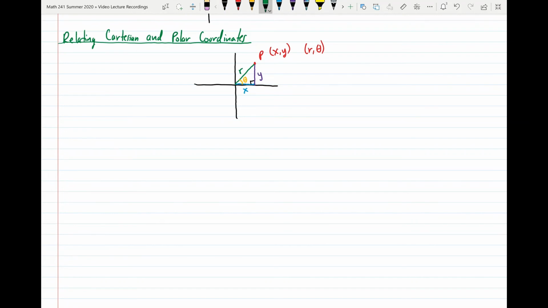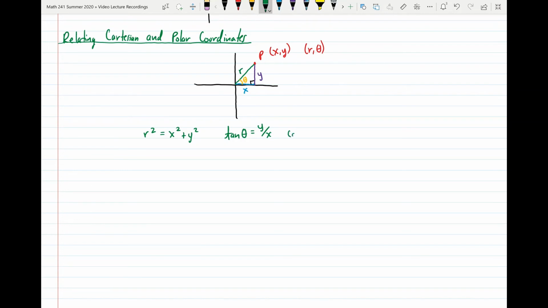So by the Pythagorean theorem, we can write down that r squared has to equal x squared plus y squared. And we can also use properties of the trig functions to write down that the tangent of the angle theta is equal to y over x, since the tangent of theta is equal to the length of the opposite side, which is y, over the length of the adjacent side, which is x.